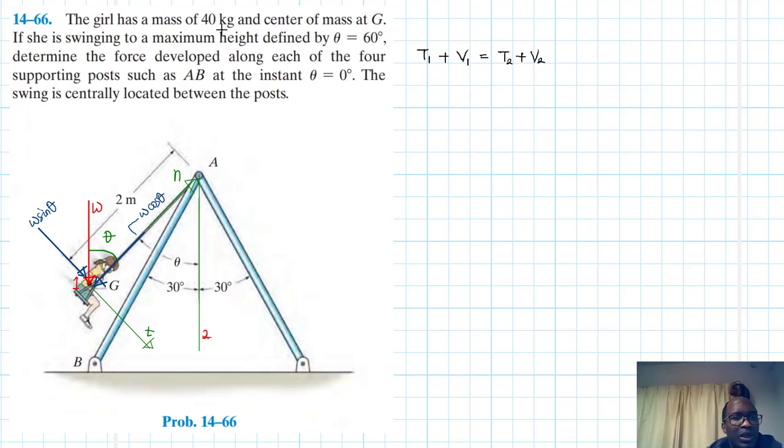So we can simply say the kinetic energy at point 1 is equal to 0, because we are assuming it is at rest. Okay, so we only have the potential energy here, the gravitational potential energy, right?